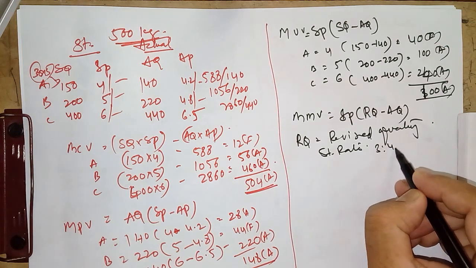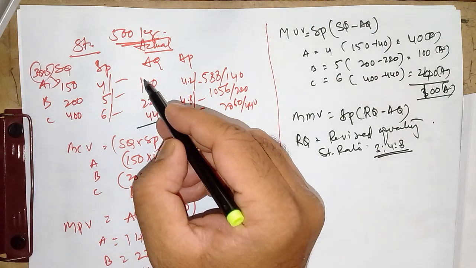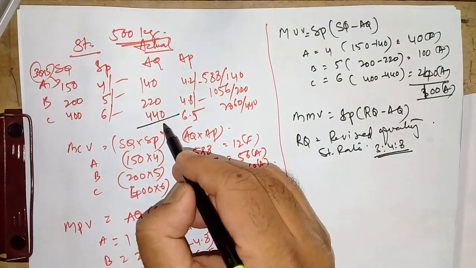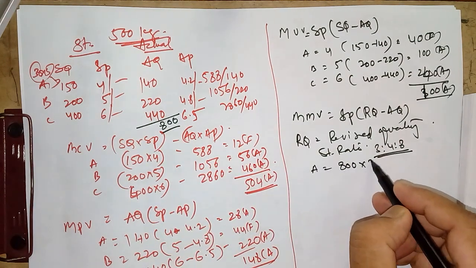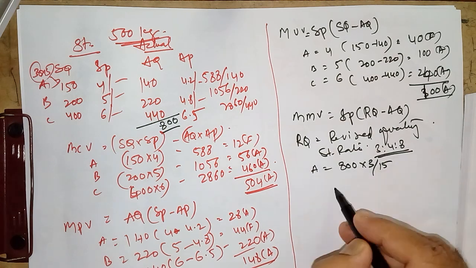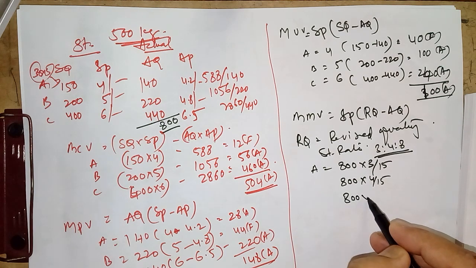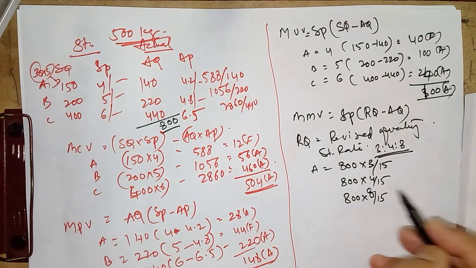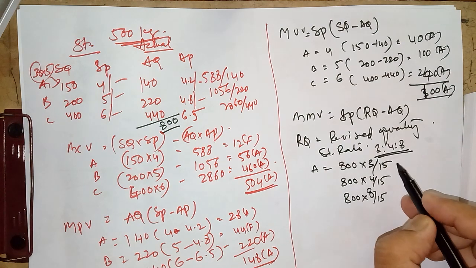What is our actual input? The total is 800. So A is 800 into 3 by 15, B is 800 into 4 by 15, C is 800 into 8 by 15. So simplify this: 800 into 3 divided by 15 is 160.